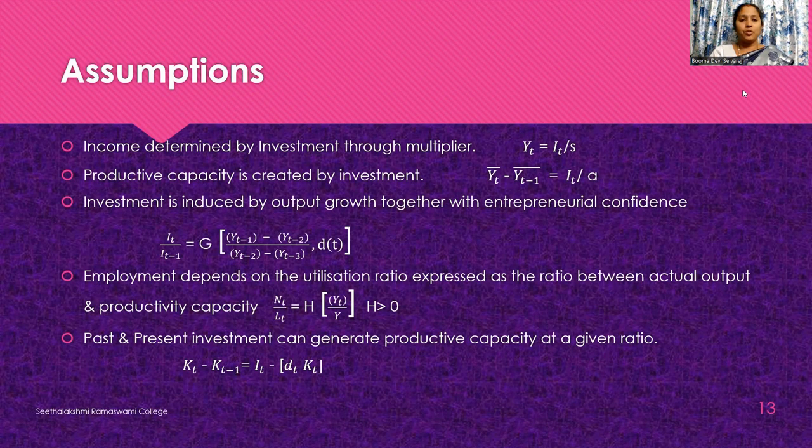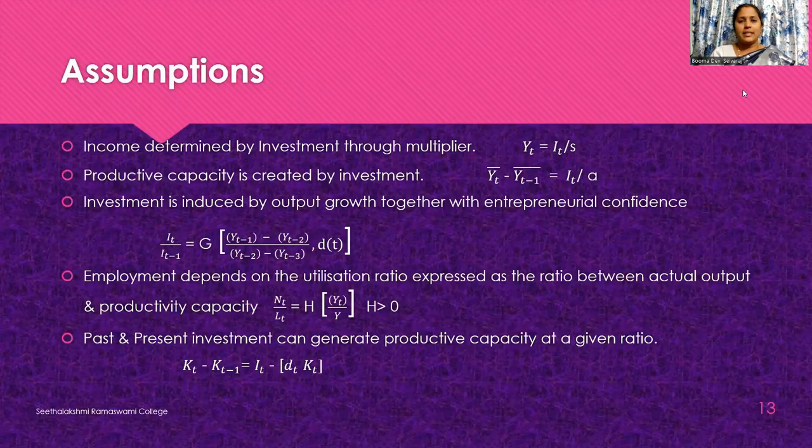The last assumption of the Domar model is that past and present investment can generate productive capacity at a given ratio. This assumption is considered the central theme of the Domar model. Due to managerial miscalculation, the new investment project will cause the dismissal of old projects.